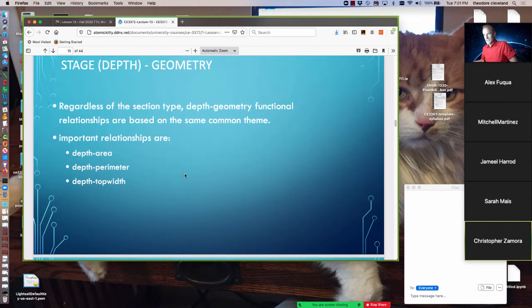Regardless of the section type, whether it's a semicircular section, a flat elliptical section, some sort of natural cross section, something that's kind of a trapezoid, somewhere between the two, the depth geometry relationships are all based on the same common theme. Basically, the theme is determine the depth-area value, determine depth-perimeter, determine depth-top width.